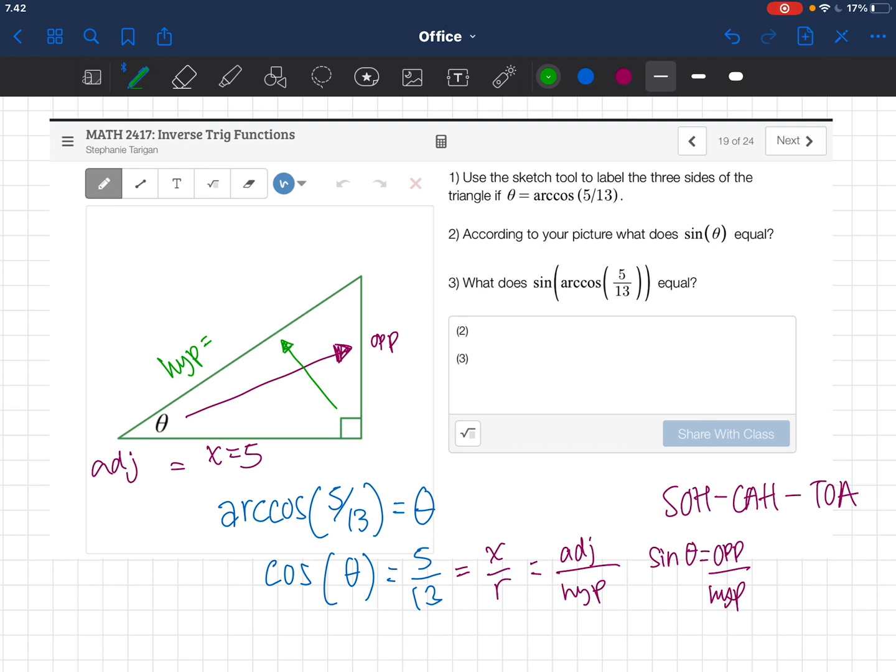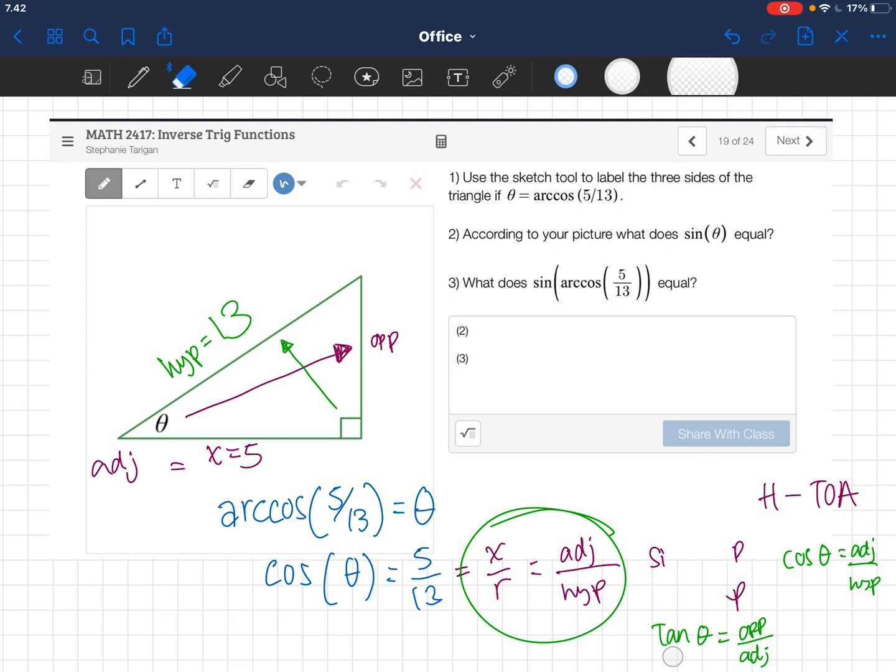In this case, my hypotenuse is 13. So sine theta equals opposite over hypotenuse. Cosine theta is adjacent over hypotenuse, which we already said here. Tangent theta is opposite over adjacent.